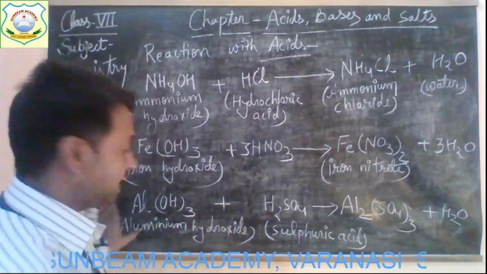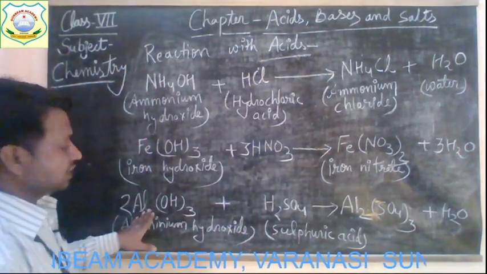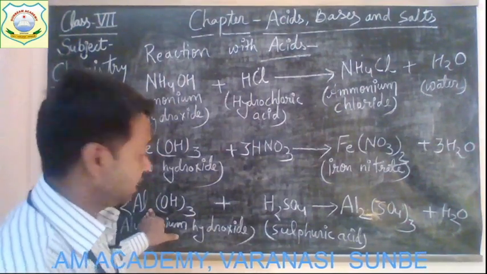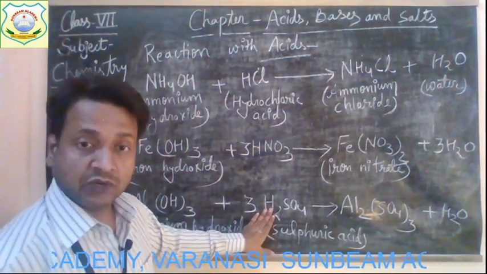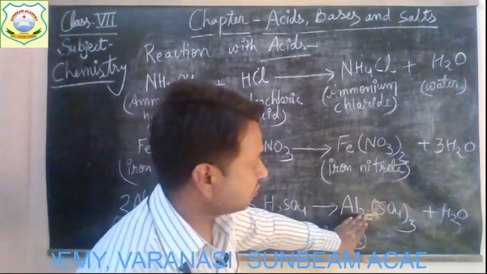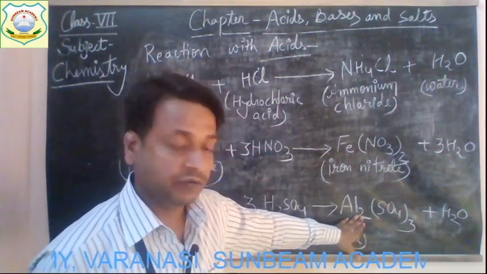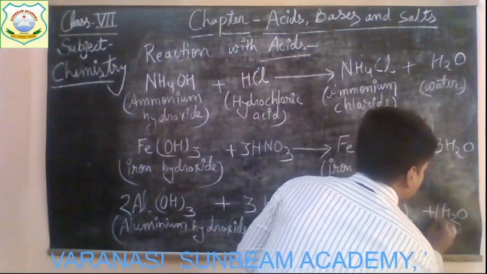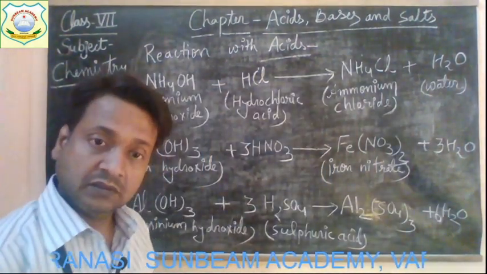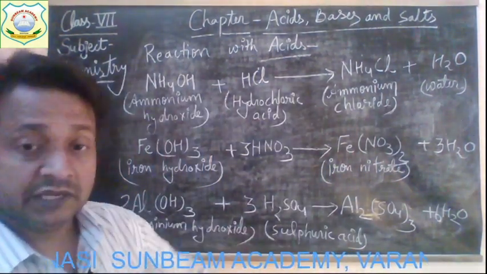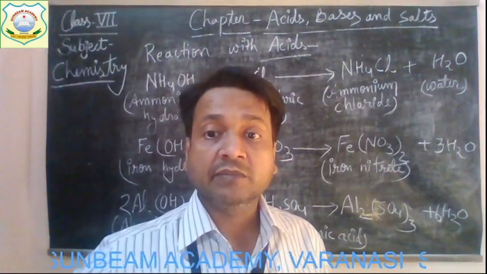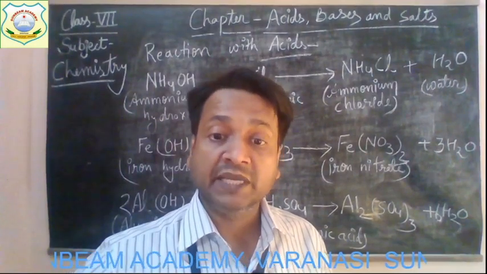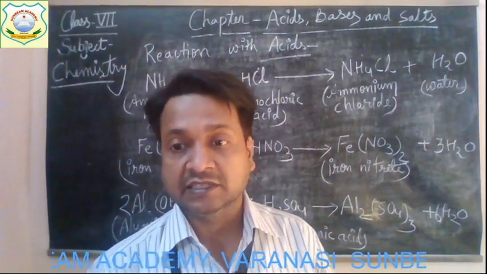So you can balance it as: two molecules of aluminium hydroxide react with three molecules of sulfuric acid to form one molecule of aluminium sulfate and six molecules of water. Okay, so this time the reaction is balanced. Got it children? So these are some of the reactions of bases with acids.